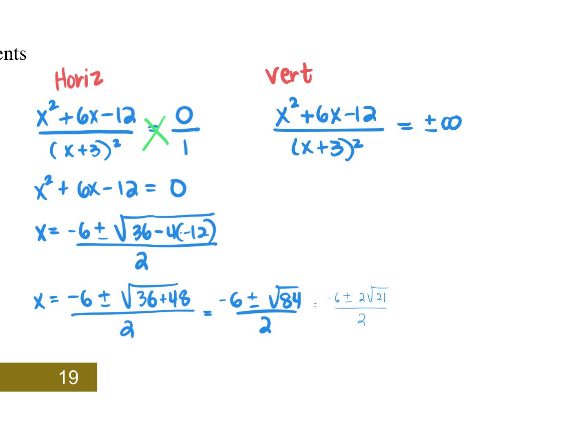Plus or minus 1 over 0. That's infinity. Remember we learned that, right? So instead of using infinity, use the fraction plus or minus 1 over 0. So if horizontal is 0 over 1, vertical is 1 over 0. And then we cross multiply those.